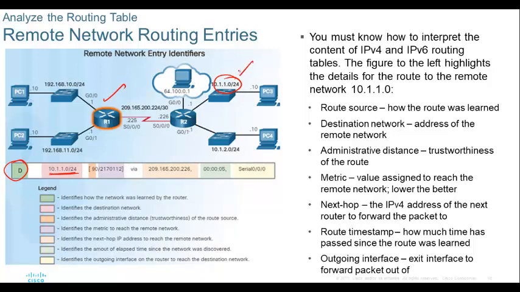To reach this network, see 90. What does this 90 mean? EIGRP's administrative distance. And this is the metric. You see EIGRP's metric.